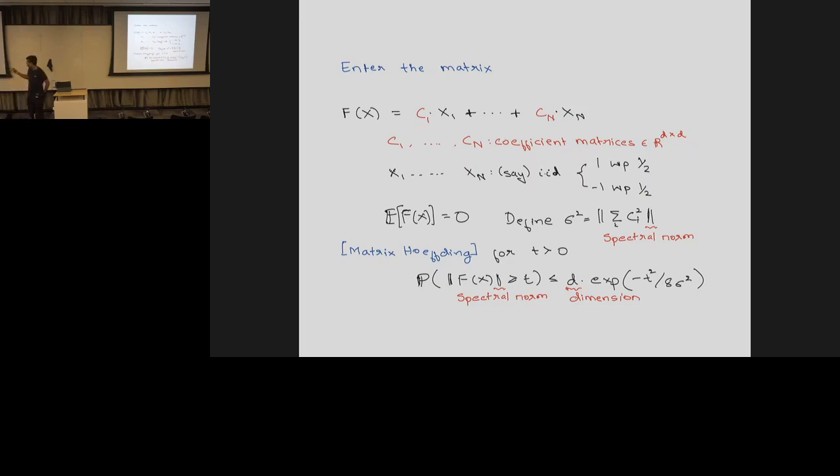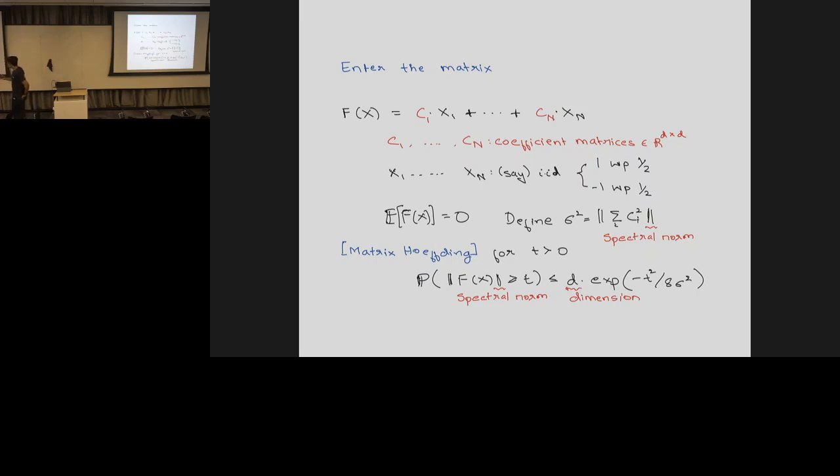Essentially, the things that I'll talk about will always be Hermitian matrices, except maybe at some point. And usually there is a simple trick in this sort of setup to go from non-Hermitian to Hermitian matrices by considering what's called the Hermitian dilation, where you put the non-symmetric matrix and its transpose in off-diagonal blocks. It's not a big deal, but you can think of Hermitian matrices if you want throughout the talk.